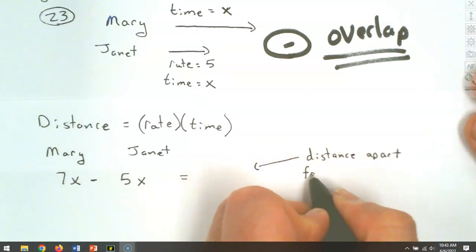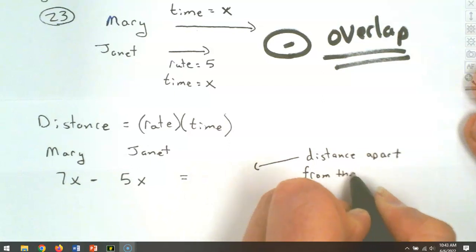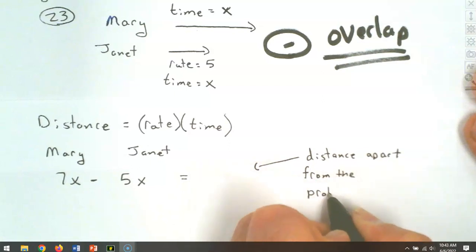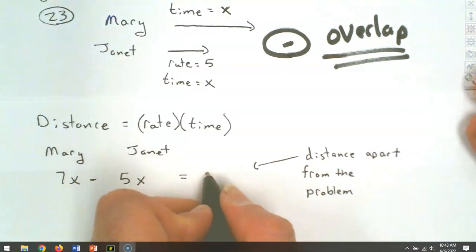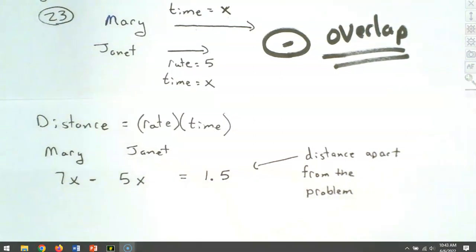And this is from the problem. So this is going to come from the problem or from the question, and it says we want them to be 1.5 miles apart. So that's going to go right there.